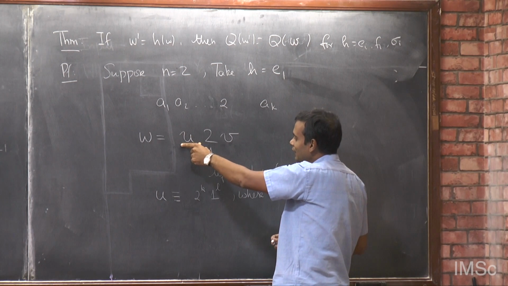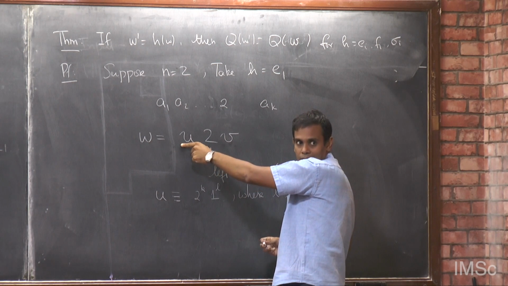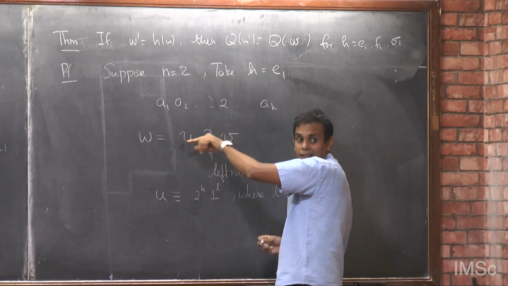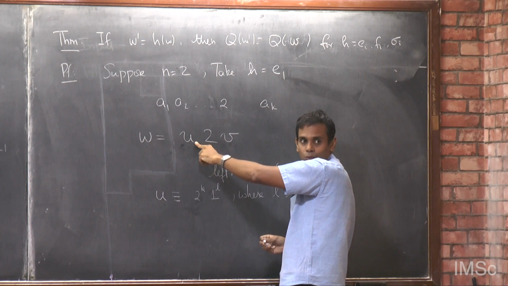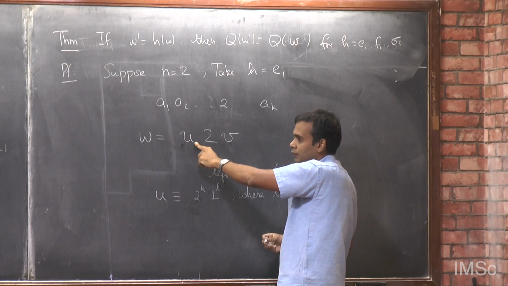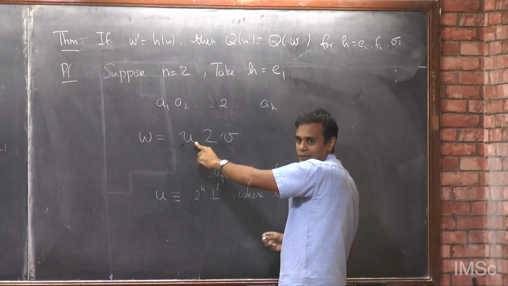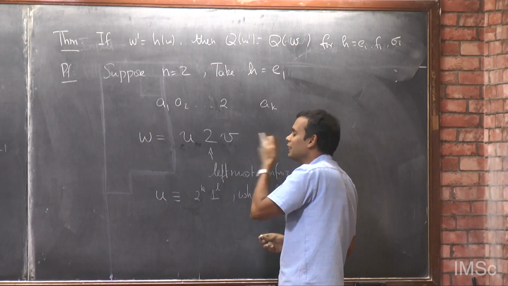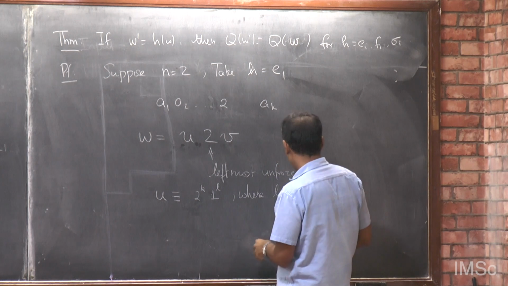And not only that, every 1 is paired off with a 2 to its left. Every 2 is followed by a 1, and then there are no more 1s left, there are no more 2s left.